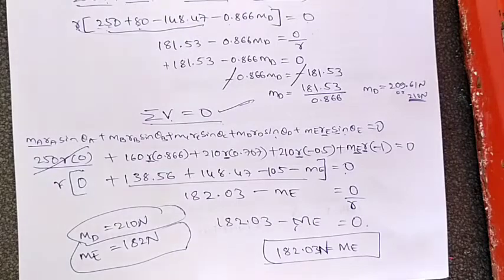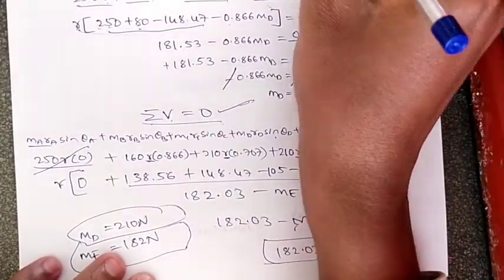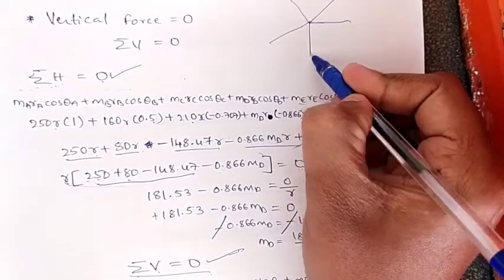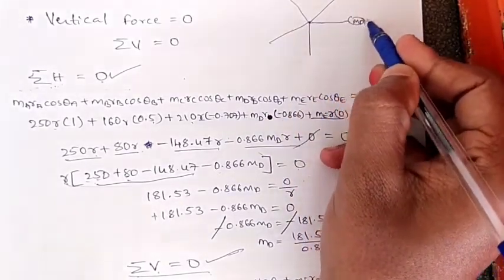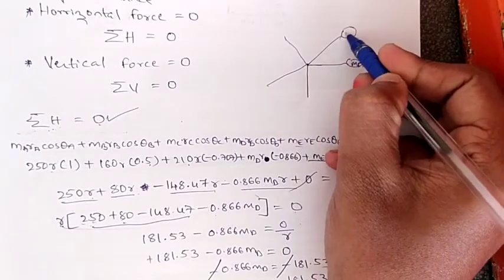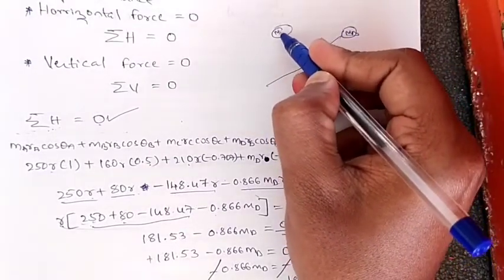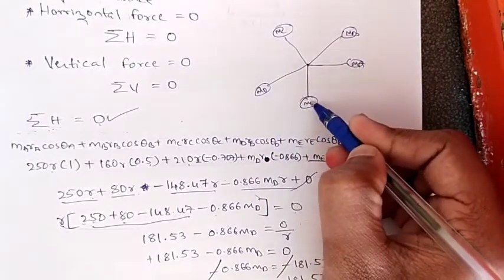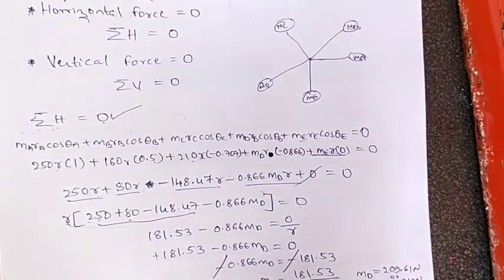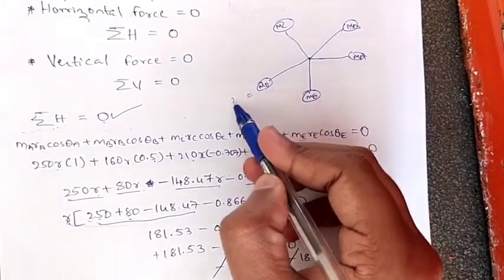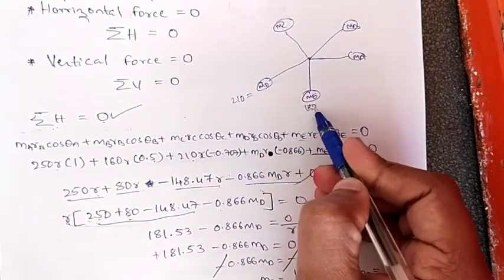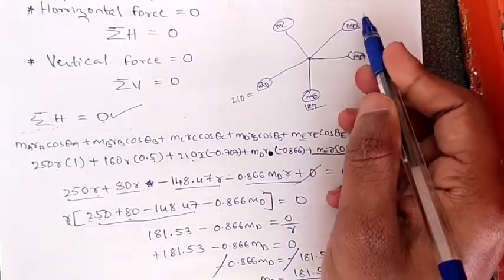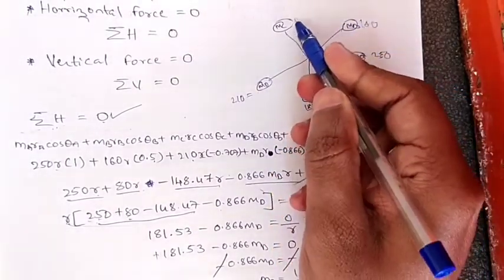So when 5 masses are rotating, how to solve, we have taken MA, MB, MC, MD and ME. These are the 5 masses when they are rotating. What is the value of this? 210 and 182 are the values. These all are given: 250, 160, 210.